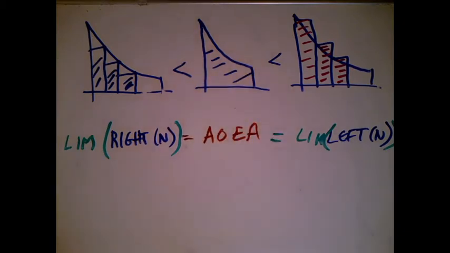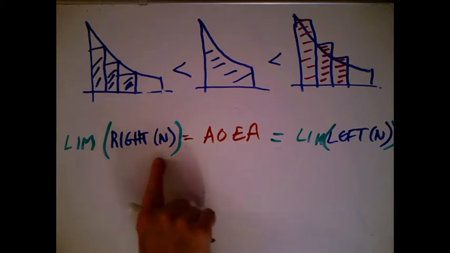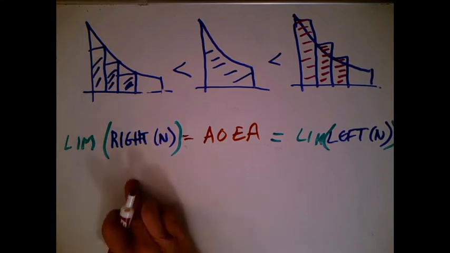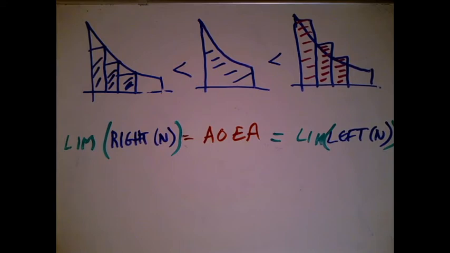We knew that the right sum was estimating the amount of escaped air. We knew that the left sum was estimating the amount of escaped air. We know that the bigger n gets, the closer the right n estimate gets to the amount of escaped air that we want, and the bigger n gets, the closer left n gets to the amount of escaped air that we want.